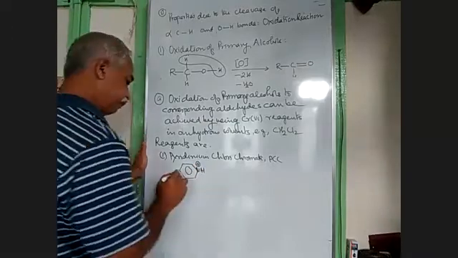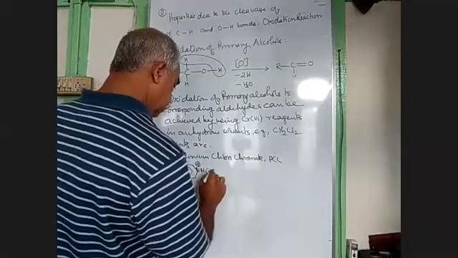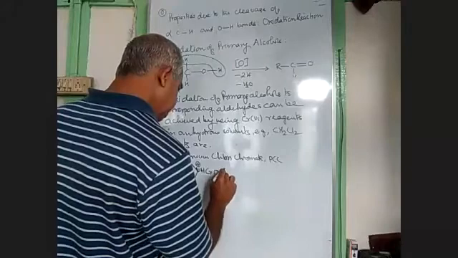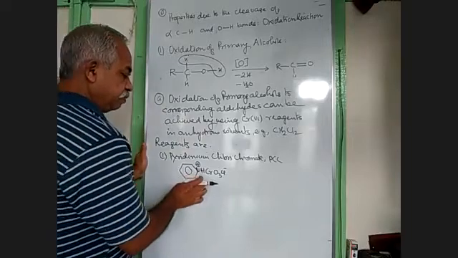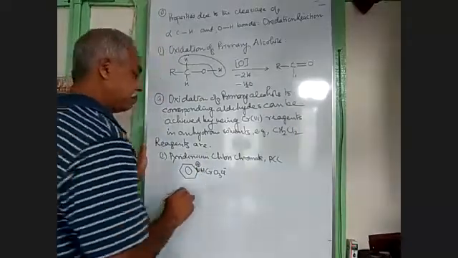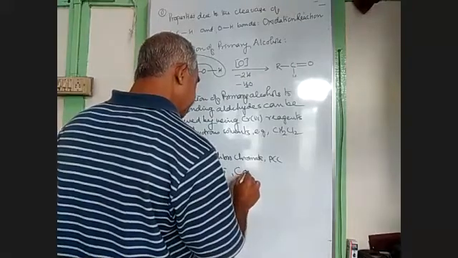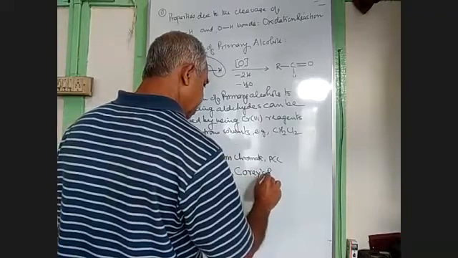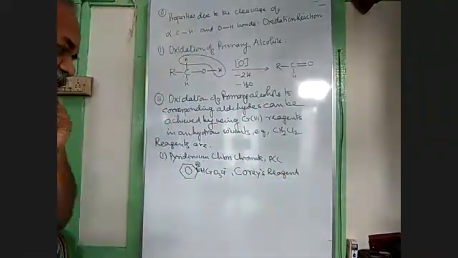This is called pyridinium. Okay, and chlorochromate, you'll find it is CrO3Cl. We make this by reacting pyridine with CrO3, pyridinium chlorochromate. Clear? And this was prepared by a very famous scientist from West Germany called E.J. Corey. So it is known as Corey's reagent. Okay, for entrance exams, they may give you Corey's reagent.